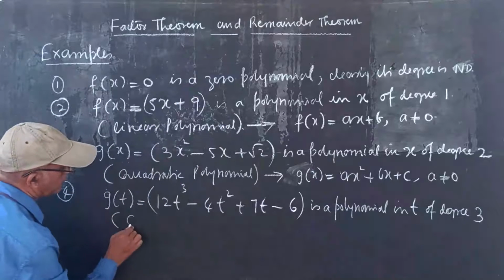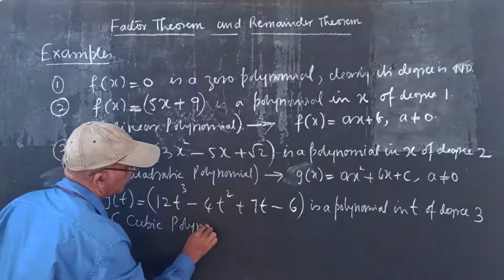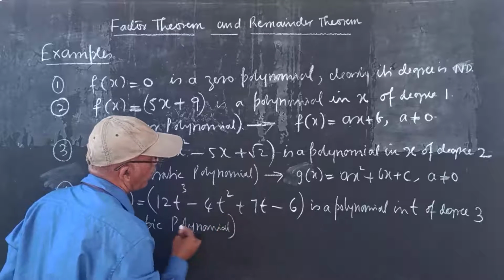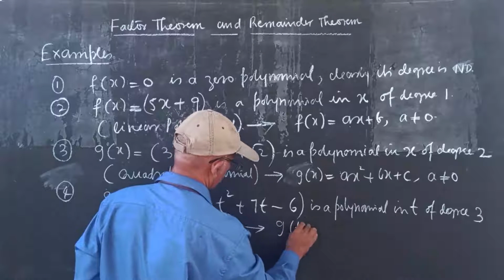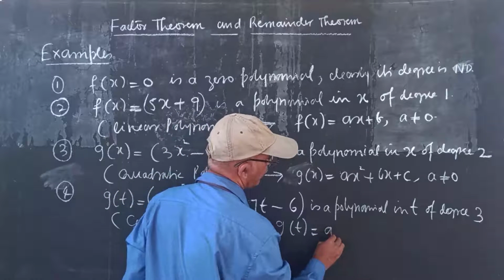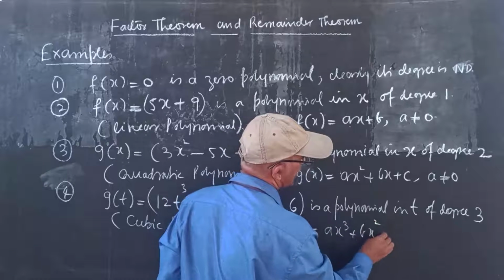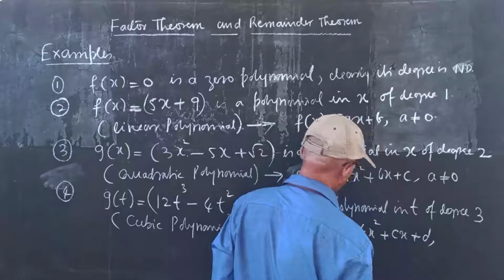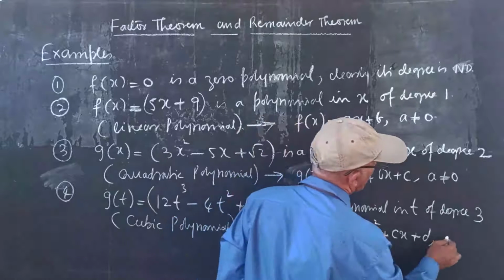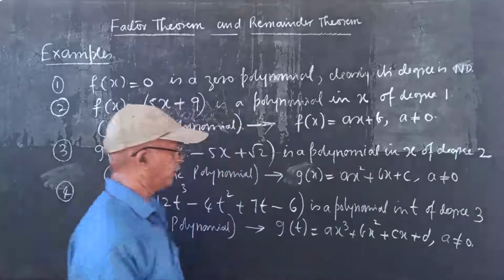It is called a cubic polynomial. Its general form is g(t) is equal to ax cube plus bx square plus cx plus d, where a, b, c, d are real numbers and a not equal to 0.